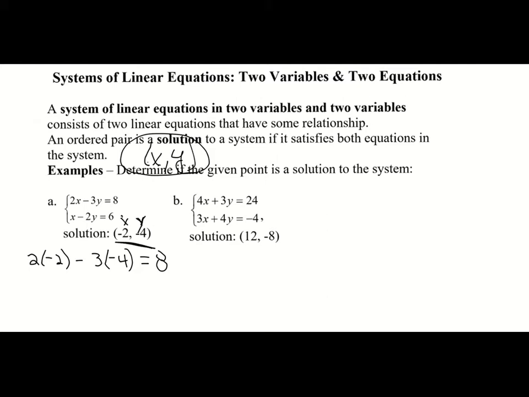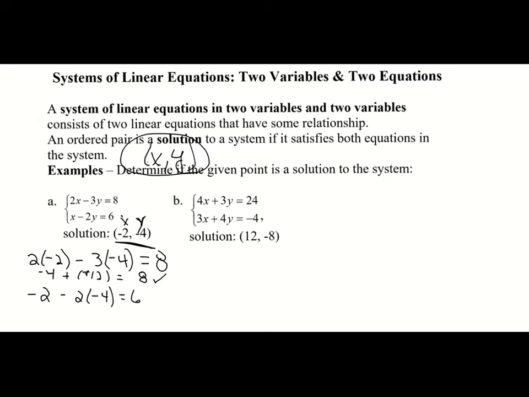And so 2 times -2 is -4, minus 3 times -4 is a -12. And again, we'll do addition of the opposite there. So -4 plus 12 does equal 8. So it works for the first equation. Let's try the next one. So it's -2 minus 2 times -4.